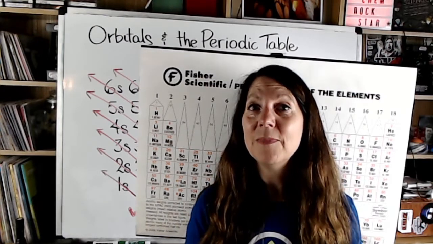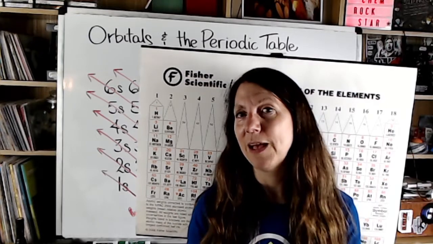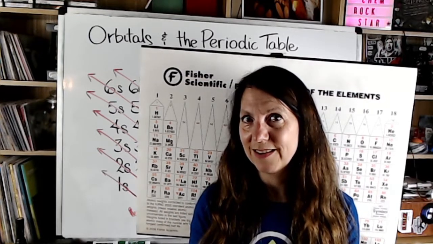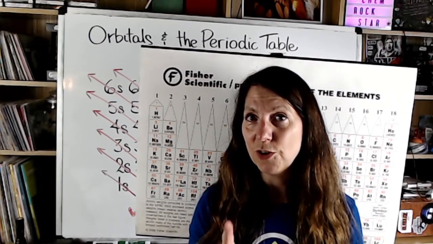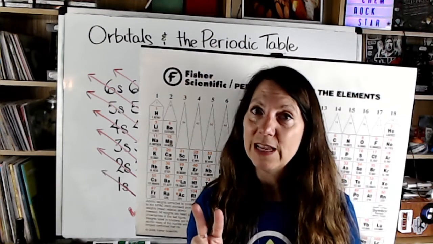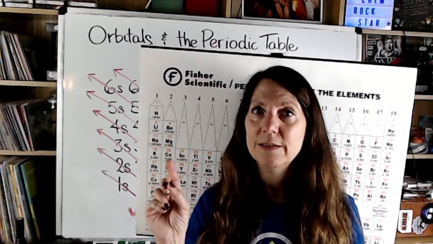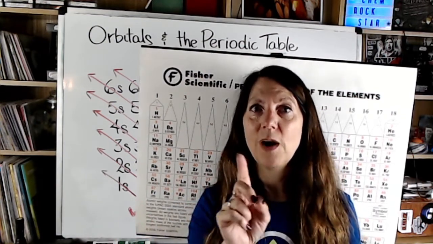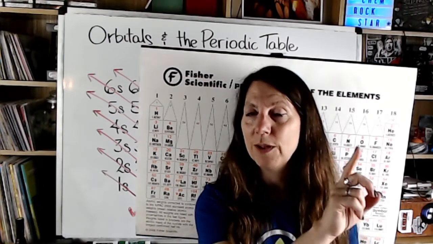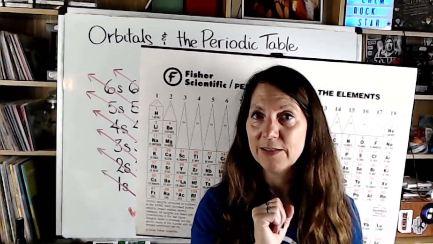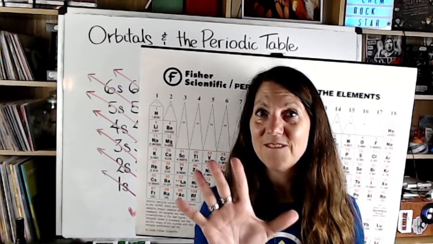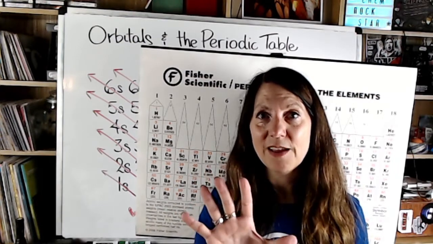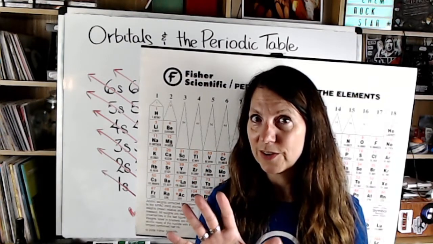So what can M sub L equal? M sub L gives you the orientation. And if L equals 2, then M sub L can equal -2, -1, 0, +1, +2. How many is that? 5. There are 5 d orbitals.